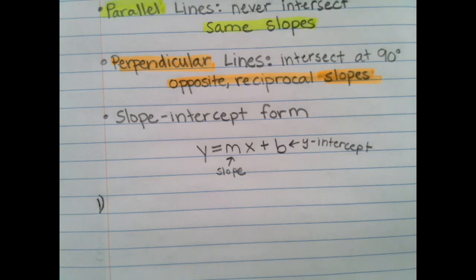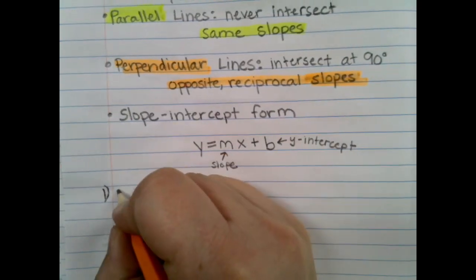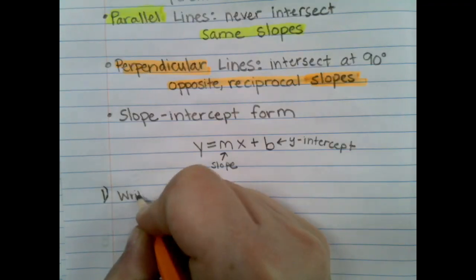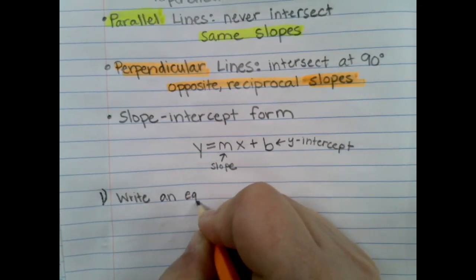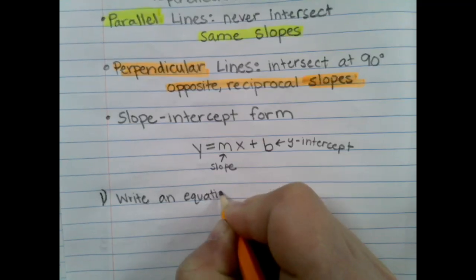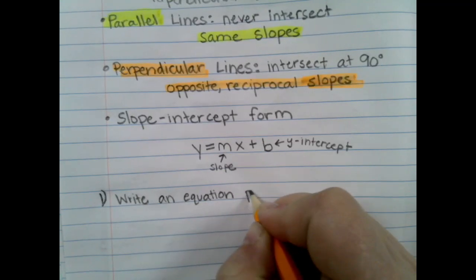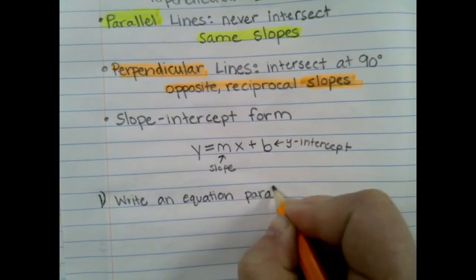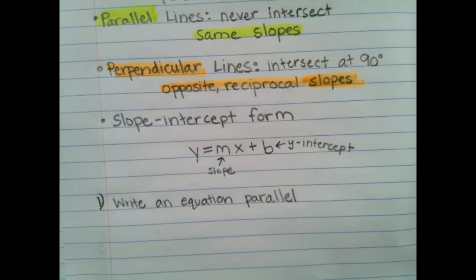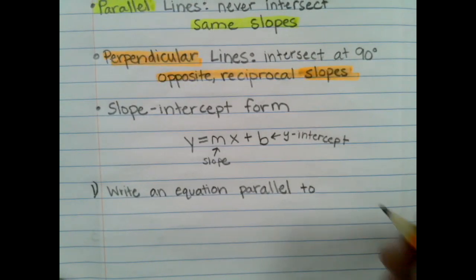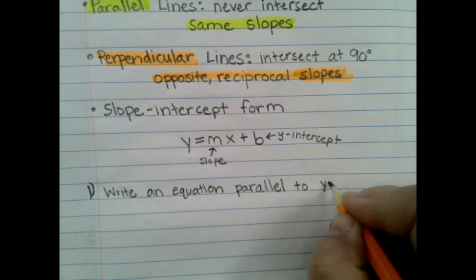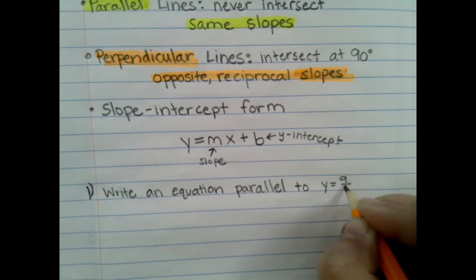All right, number 1. Write an equation. We're going to write out the directions on this one. Parallel to y equals 9/4 x minus 1.